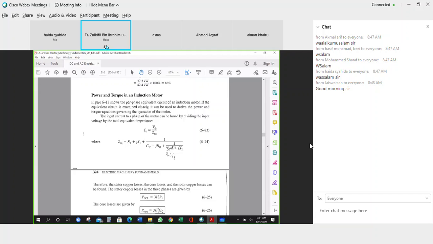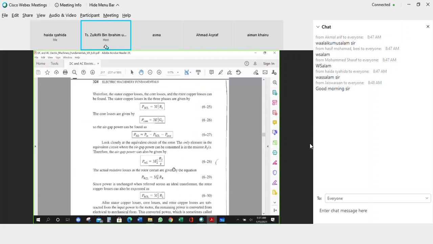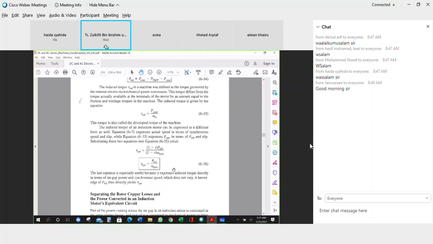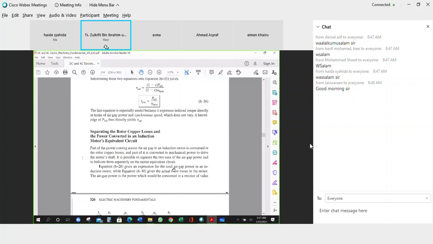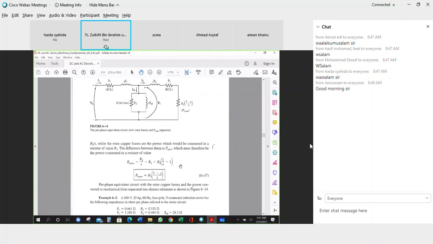Then 1 divided by this gives the resistance of the rotor bar or rotor conductor. When you simplify this, you will get the result like that. Then it is straightforward to find the stator current.